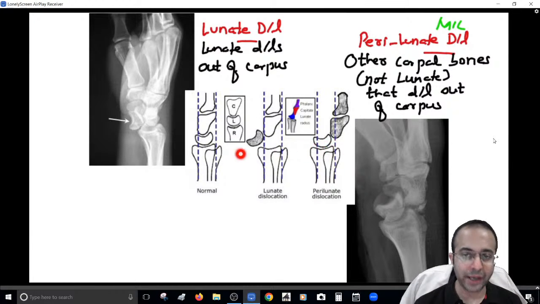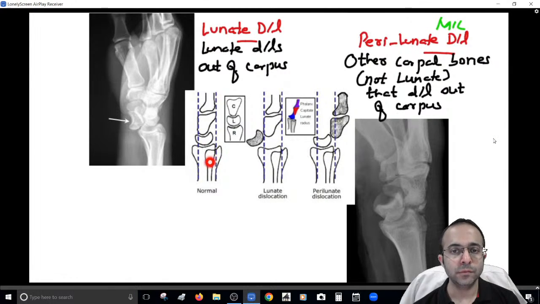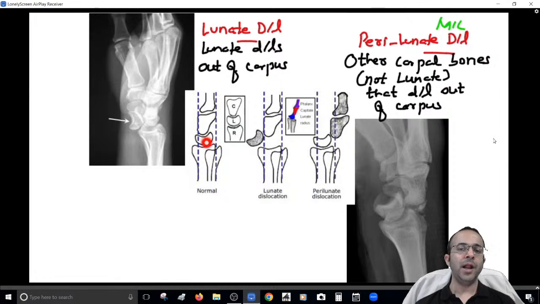These are the diagrams that will help you understand these X-rays and dislocations. When you look at a lateral view, you can see the distal radius, this half moon shaped lunate, and the other carpal bones, and everything will be in one line. Now you trace the distal radius, you can't see lunate, this is lunate dislocation. But if you trace the distal radius, you can see lunate, you can't see other carpal bones, this is perilunate dislocation.